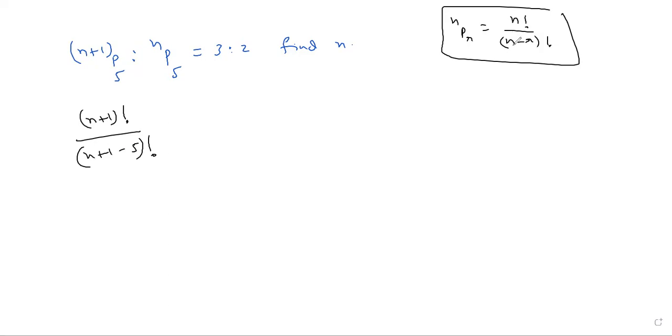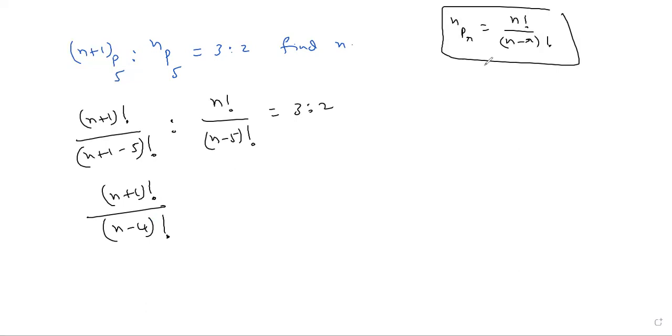Just use the formula. For NP5, apply the formula: N factorial by N minus 5 factorial. Next step, N plus 1 factorial by N plus 1 minus 5, which gives you N minus 4 factorial.